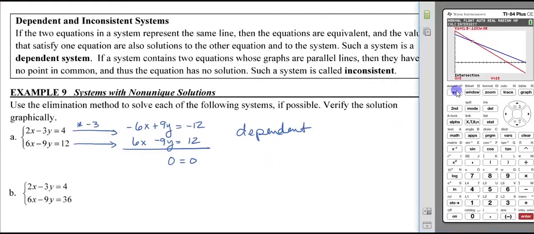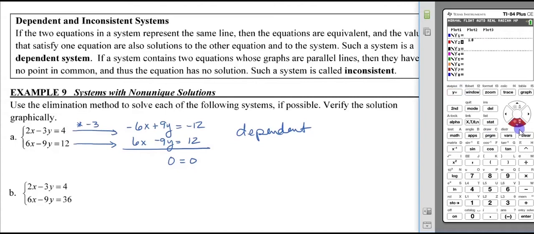When you graph, go ahead and graph here my first equation, y equals, get our fraction menu up there, 4 minus 2x, all being divided by -3.